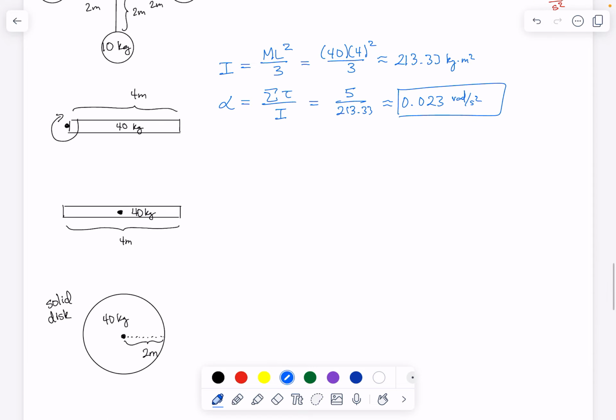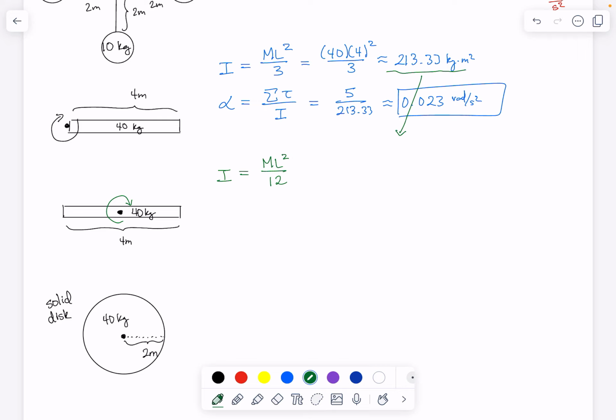What about this rod? This rod is spinning around an axis at its center. The rotational inertia formula in this case is mL squared over, in this case, 12. So in fact, you could also just use the previous number.